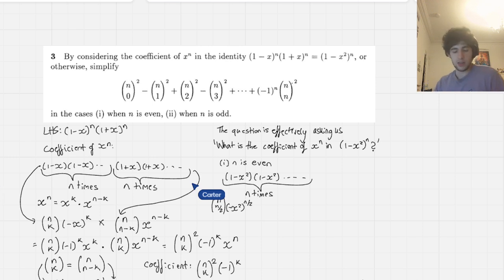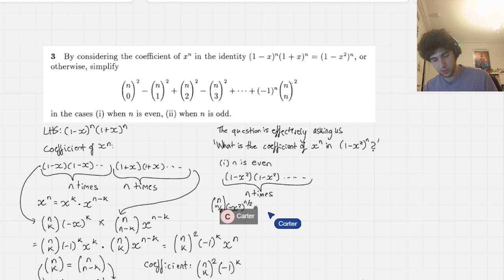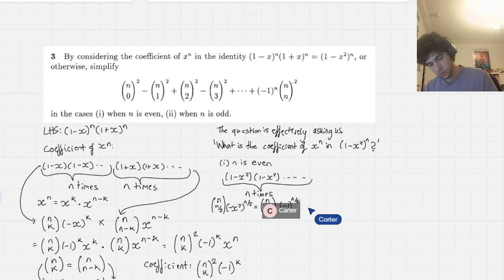So what's going to happen here is I'm going to get n choose n over 2 multiplied by minus 1 to the n over 2 and then x to the n.